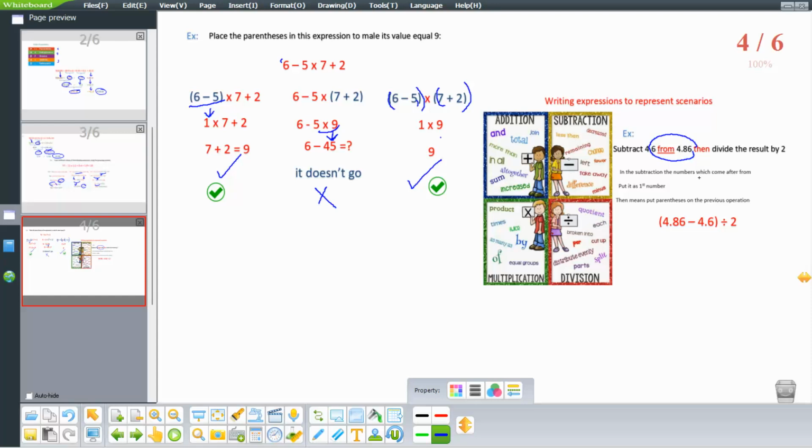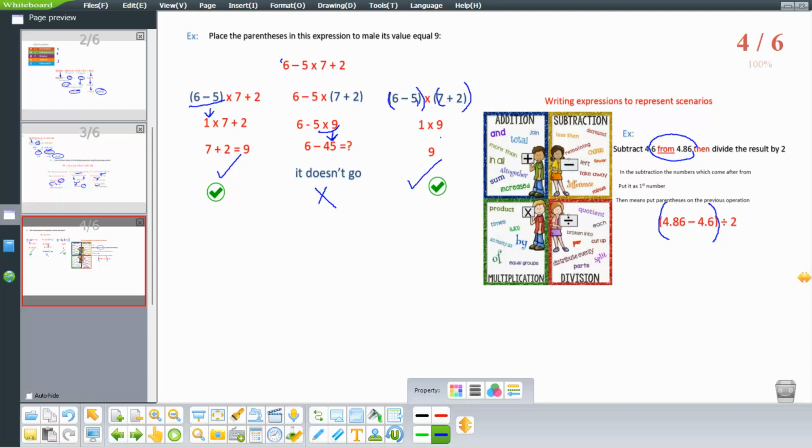So he will divide the result. So we must put the first operation between parentheses, because we need to divide the result. We need to find this result first, then divide it by 2.